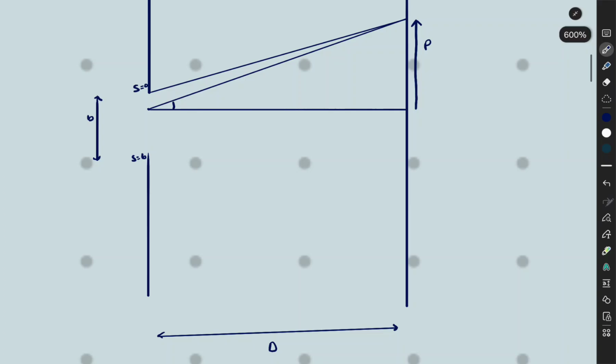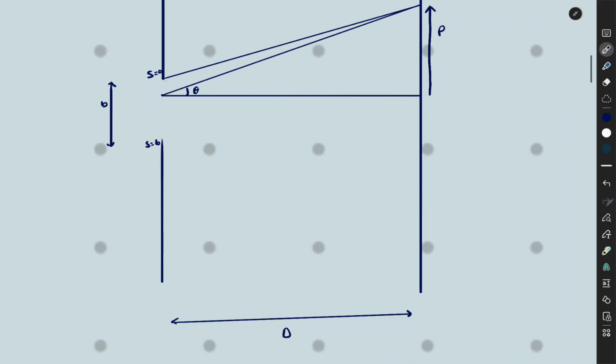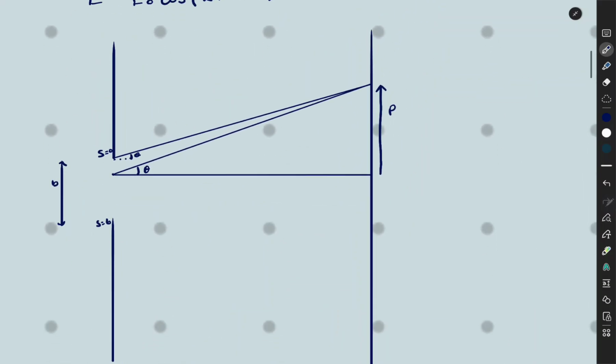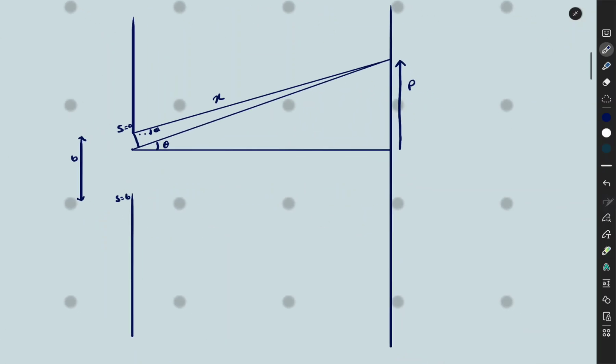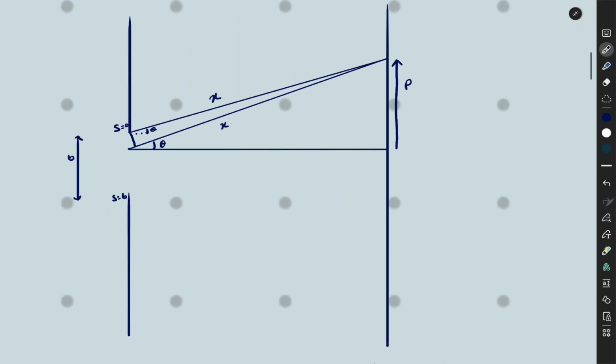Therefore, if this angle is considered as theta, then this is also theta, and we will drop a perpendicular over here. Let us suppose that this light wave travels a distance of x, then the other will travel a distance of x plus delta x, where delta x is this part.